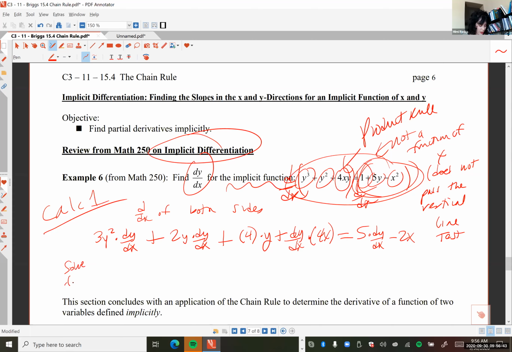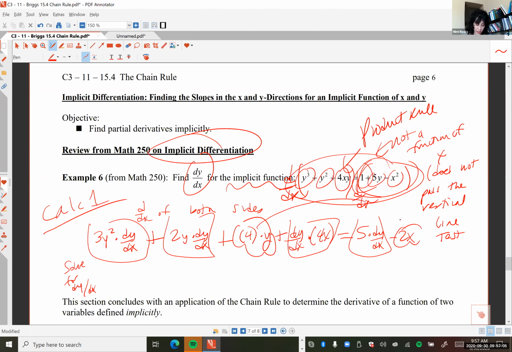Now you solve for dy/dx. Well, how do you do that? Very easy. It's now just an algebra problem. Get all the terms that have dy/dx on the same side, everybody else on the other, and factor out a dy/dx. So you'll notice we got a lot of terms that have a dy/dx in it. This term here and this term here don't have a dy/dx. So I'm going to move that guy to the other side by subtracting 4y from both sides, and I'll subtract this term from both sides to move him to the other.